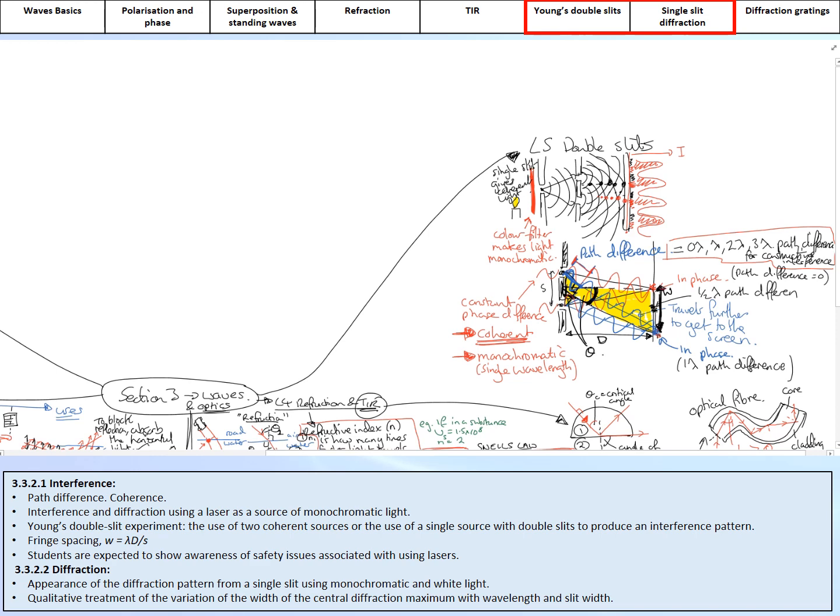And sine of each of these angles is opposite over adjacent. So if we do this angle here first of all, opposite is the path difference, which is going to be one wavelength for constructive interference, divided by the adjacent, which is the slit separation there.